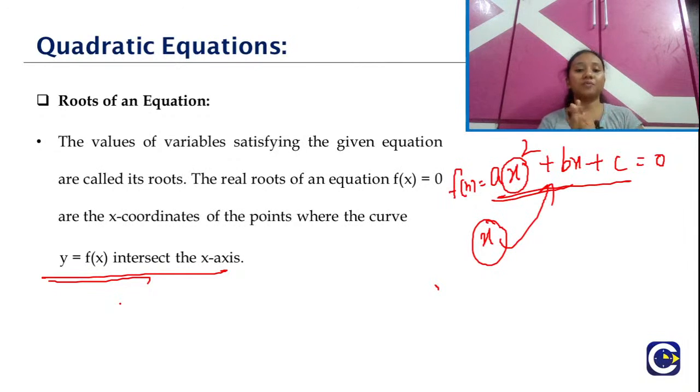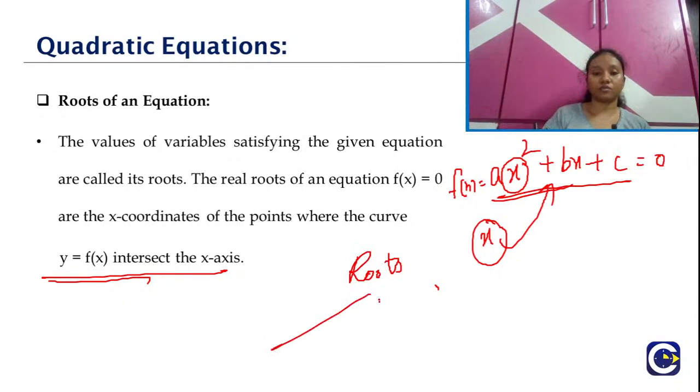Apart from that, even by plotting the graph itself, we can get the solution, right? Again, when we are talking about roots or solutions, there are two possibilities here. There can be real roots or there can be complex roots.